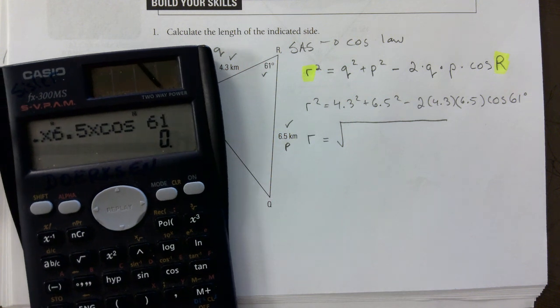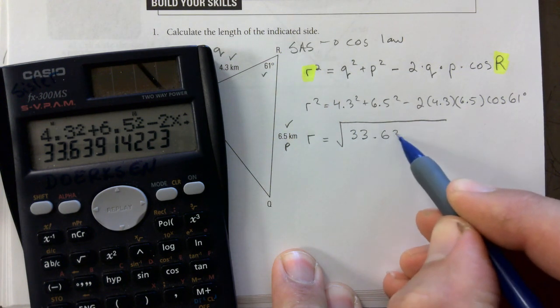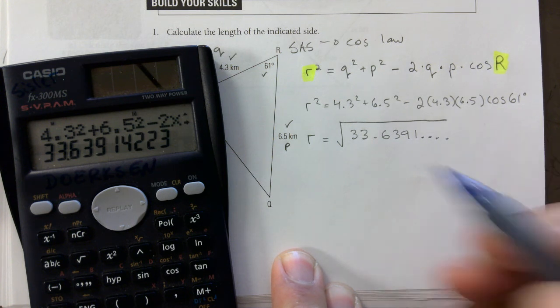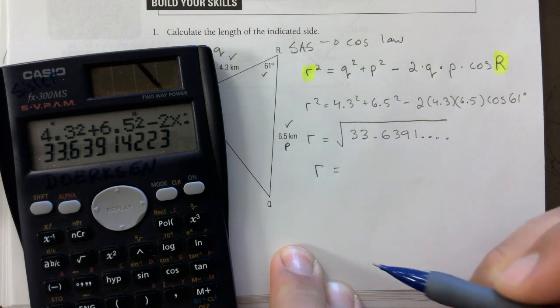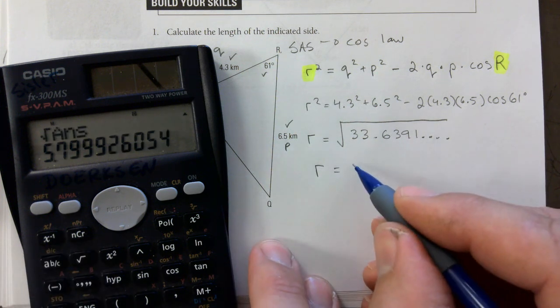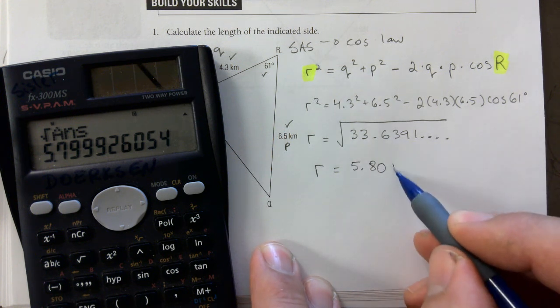I typed it all in one shot, and I should be getting that. 33.6391, and it keeps going. And so all I have to do now is take the square root of my answer, and I get 5.80. That's what it would be rounded, kilometers.